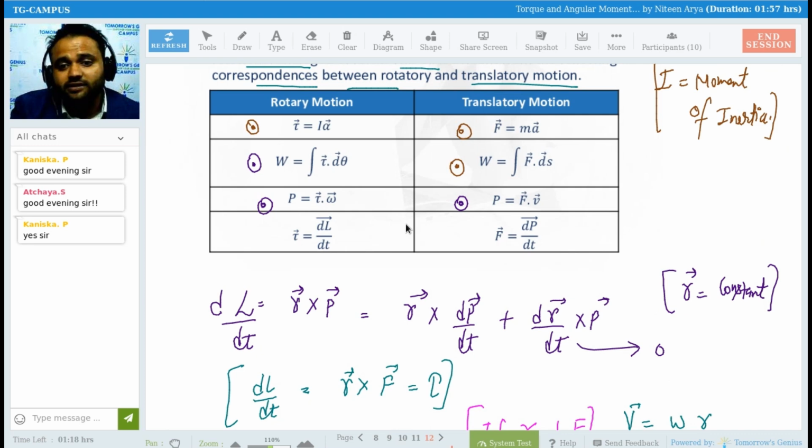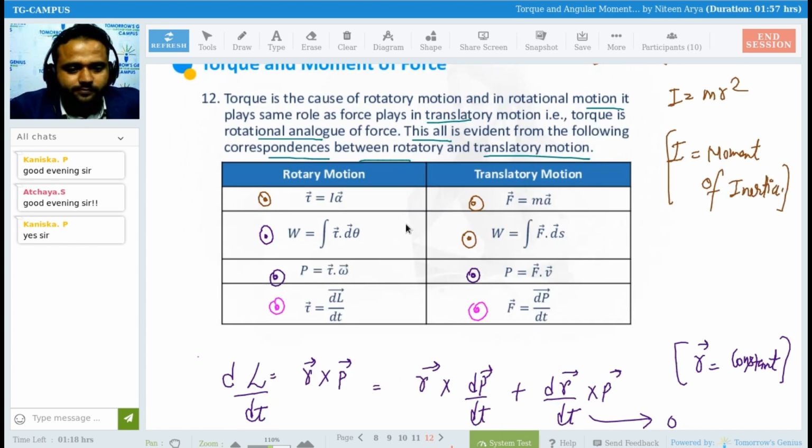So torque tau equals I alpha, like force equals mass into acceleration. Is this clear, everyone? With this small derivation, I can give you the detailed relation between these two. So this page or this table is very, very important.